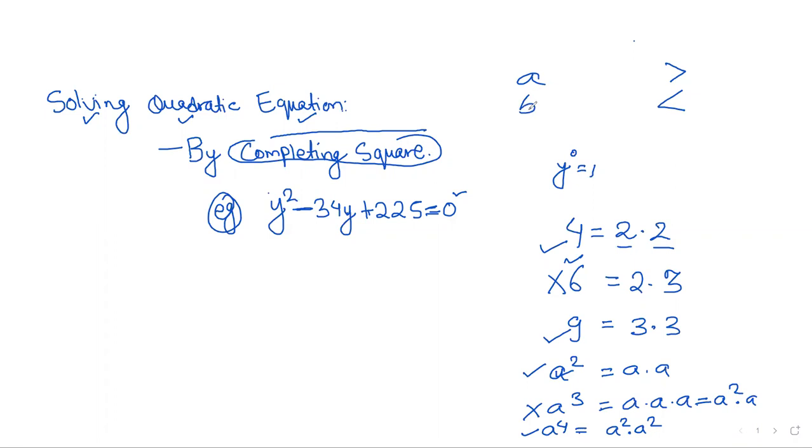How do we find a? Always look for any term that has a square in it. There are other ways to find a, but the easiest way is that if any term has a square, it can be considered a. In this case, y square has a square on top, so you can take a square is equal to y square.